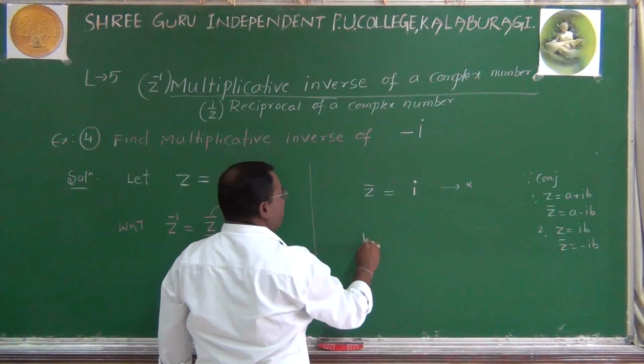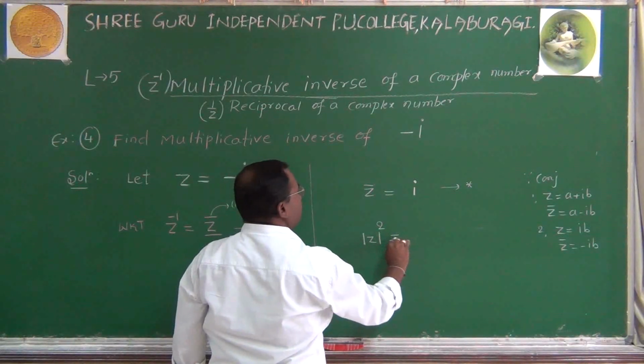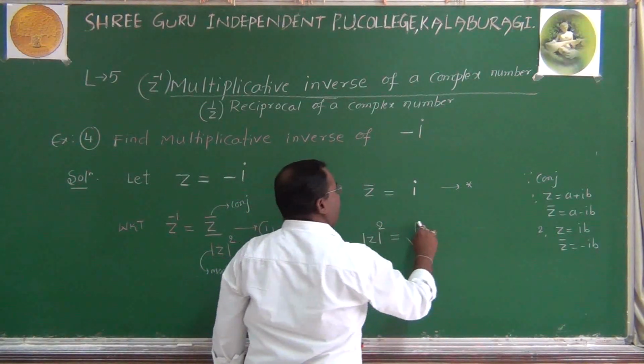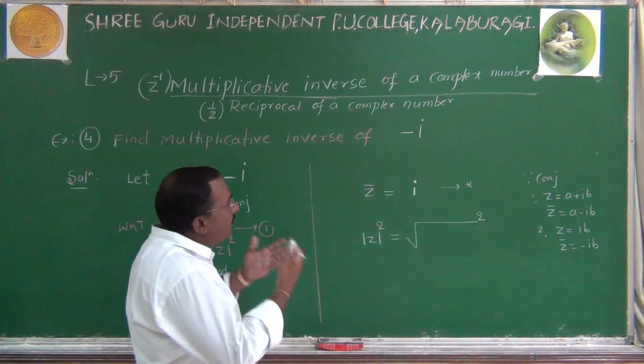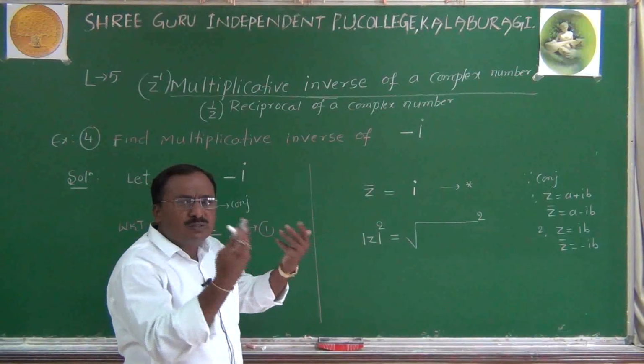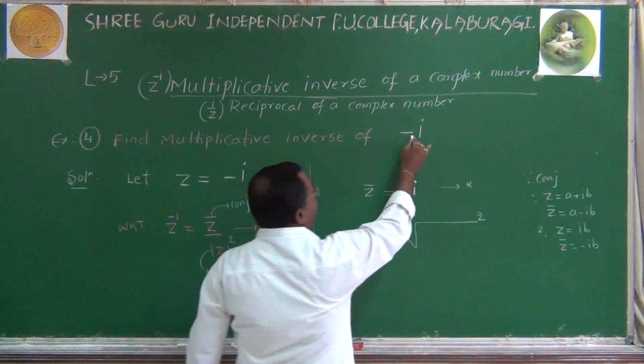Next, modulus of z whole square. Square root of, yes, square and root get cancelled. Real part is what? Real part is 0, not necessary. Imaginary part is what?